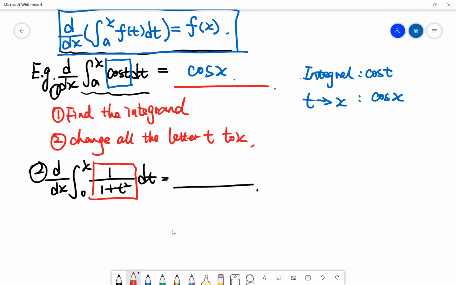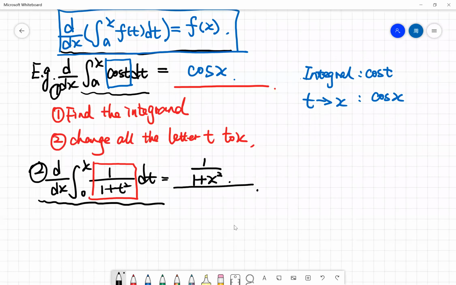So we can write the result directly: 1 by 1 plus x squared. Although the expression is a little bit complicated, the result is easy.